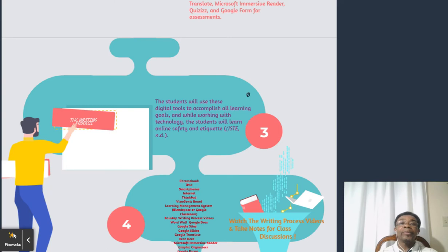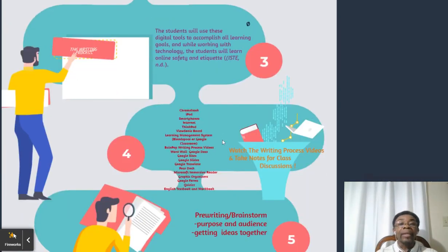The student will use these digital tools to accomplish all learning goals, and while working with technology, the student will learn online safety etiquette. And that is from the International Society for Technology in Education, ISTE.